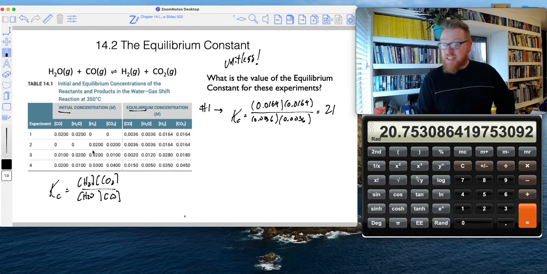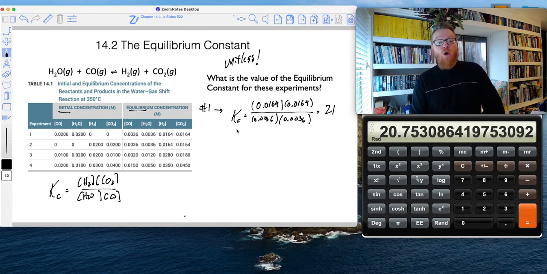Okay. So now, well, what about experiment 2? So, well, you can see in experiment 2, this is rather interesting. Now, in this experiment, they started with the same amount of reactants, but this time it was H2 and CO2 that they started with, and 0 CO and H2O. Okay. And as you can see, the equilibrium concentrations end up being the same.